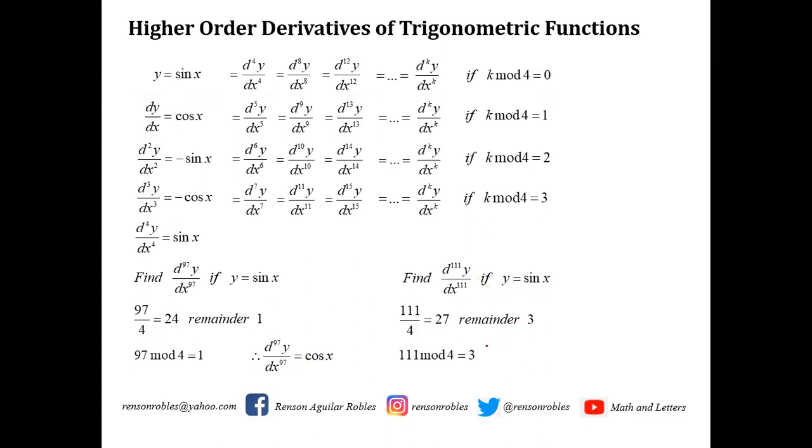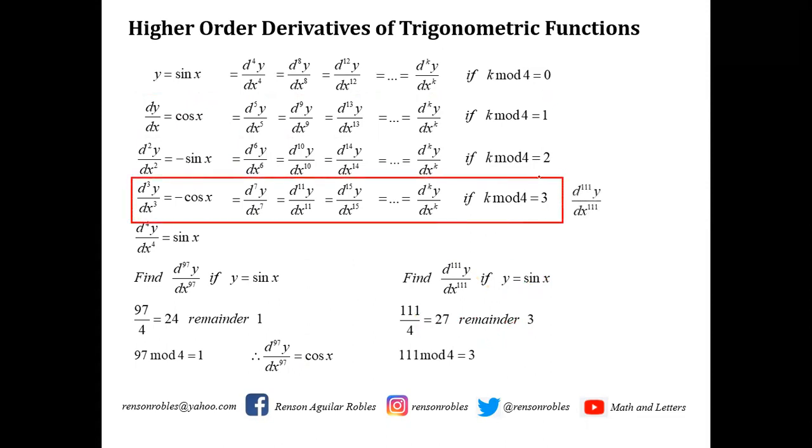We can now see that the 111th derivative of y in terms of x is also equal to the third derivative of y in terms of x, since when 111 is divided by 4, the remainder is equal to 3. So the 111th derivative of y in terms of x is equal to negative cosine of x.